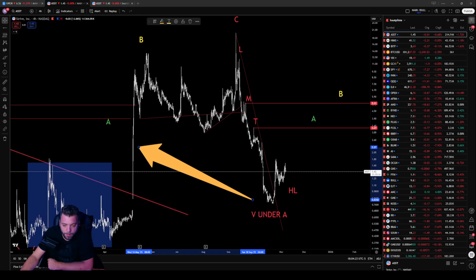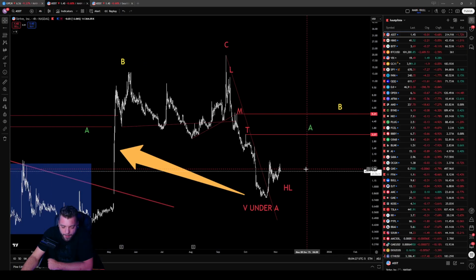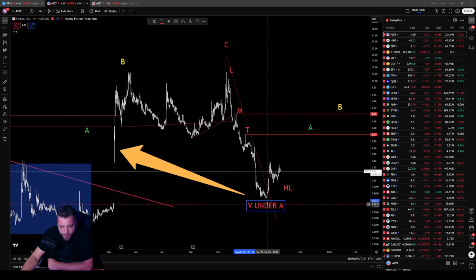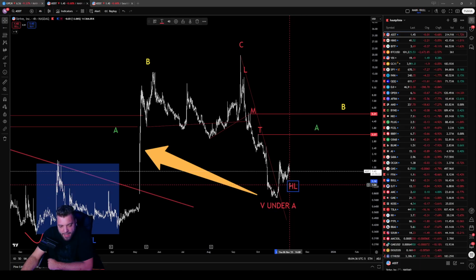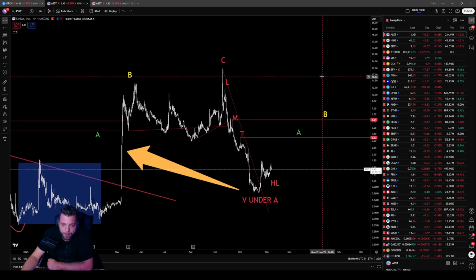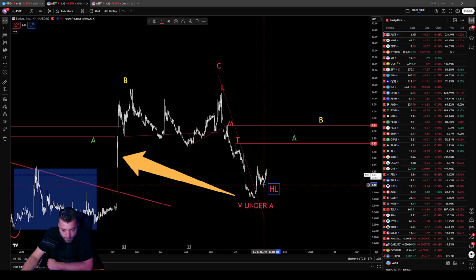So for the bullish version, I have two ways. The first one, the V and A for the bullish version is kind of perfect. The higher low is tricky. So for the first version, this higher low is done with this bounce here at 1.10.